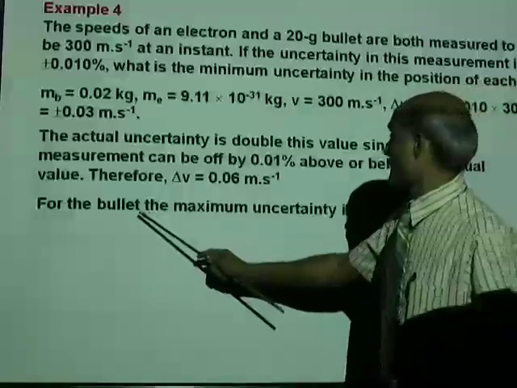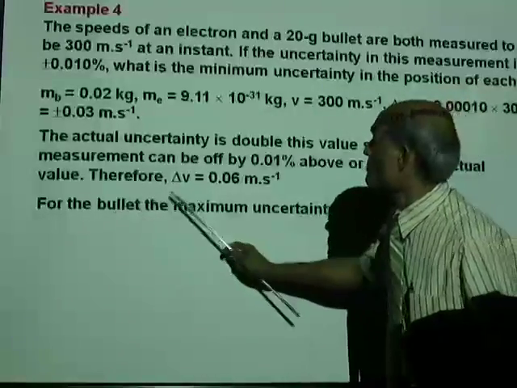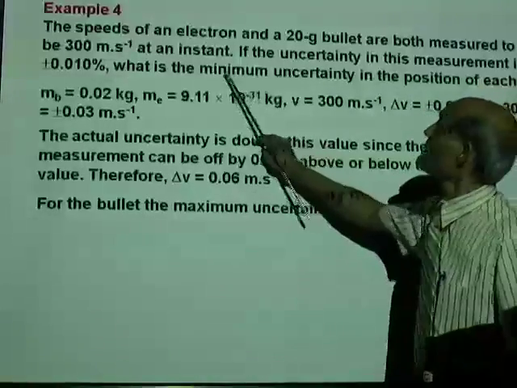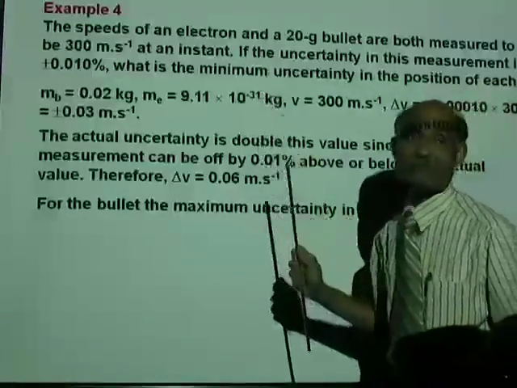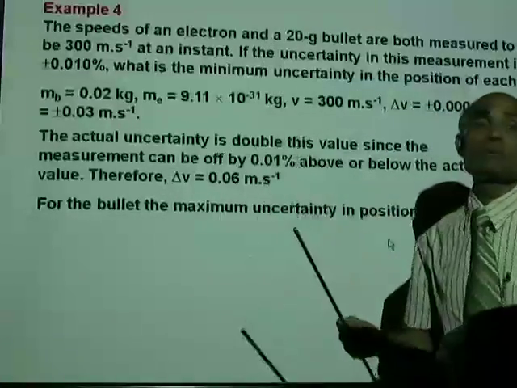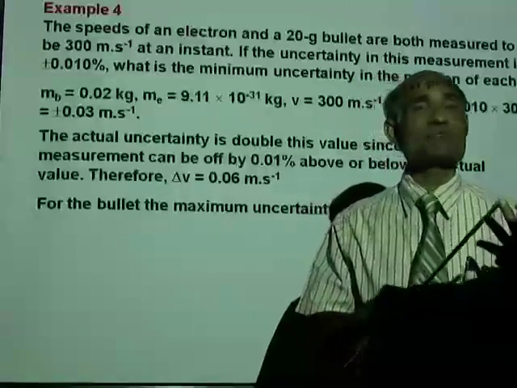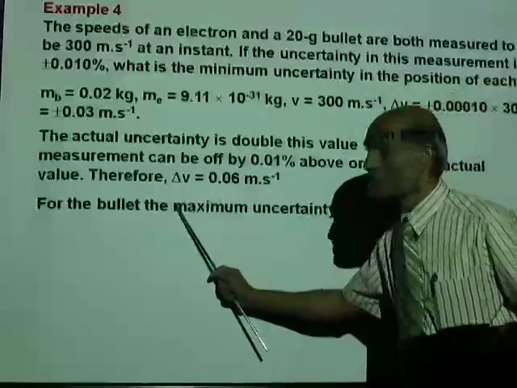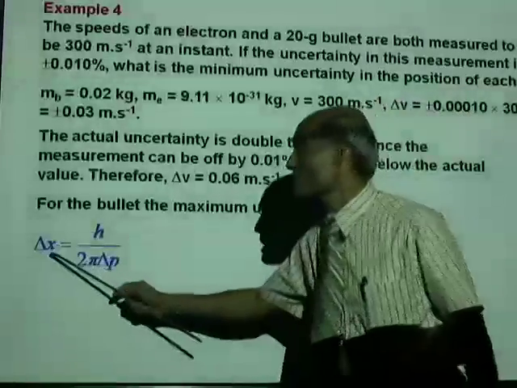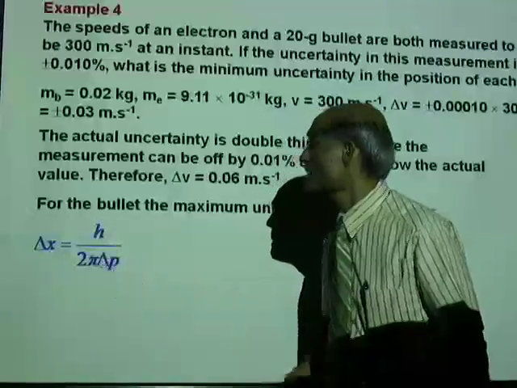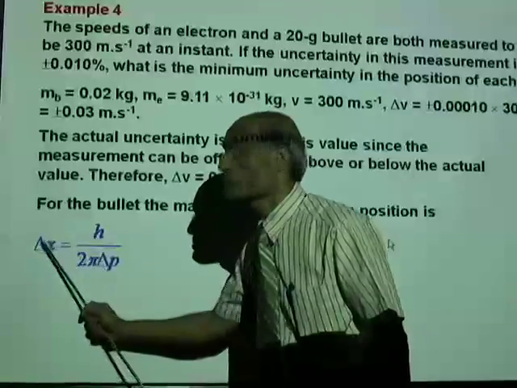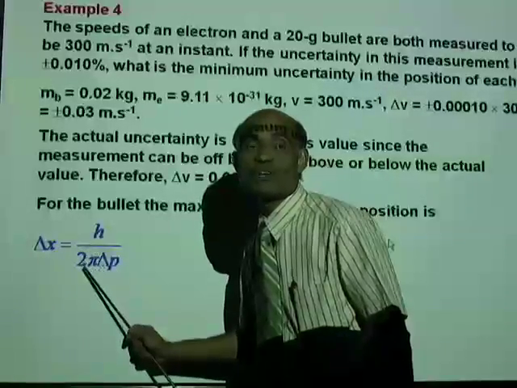Now, we want to find the minimum uncertainty for the bullet as well as the electron. So if you change that inequality to an equality, what will our equation be? It will be delta x equal to h over 2 pi delta p, because delta x times delta p equals h over 2 pi.